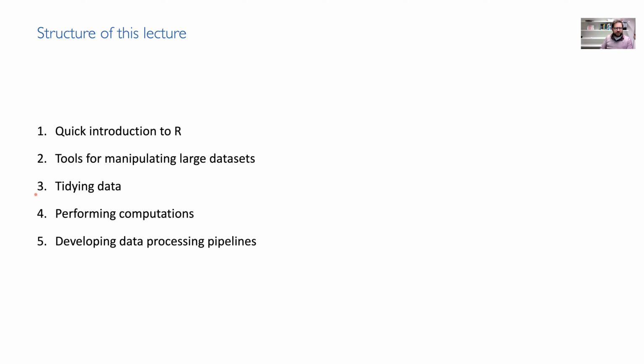That's called tidying the data, to bring it into a specific format so that we can vectorize our computational or numerical operations on these data sets. Once we've done that, I'll show you how we can then perform computations on these data sets very easily. And finally, I'll end with showing you how we can combine these steps to produce data processing pipelines.